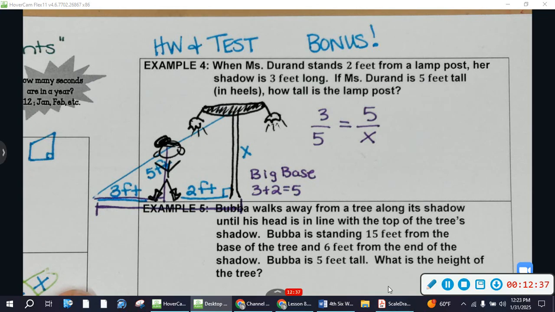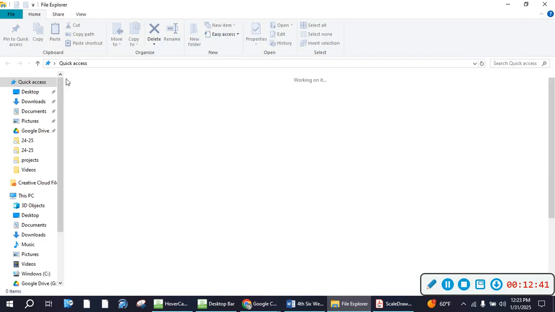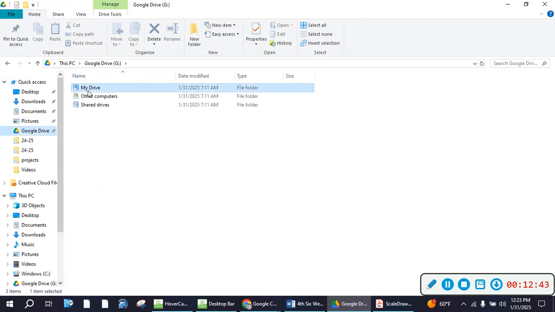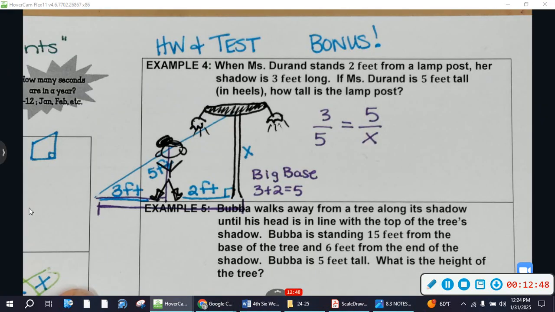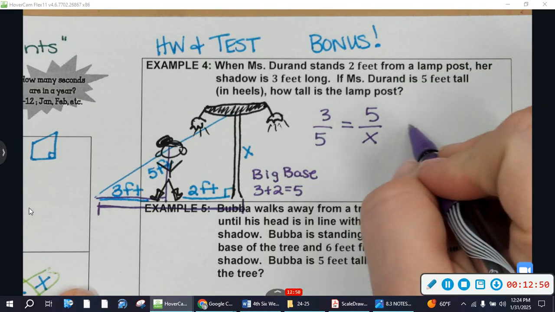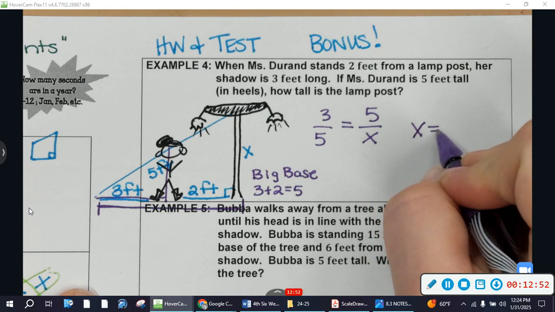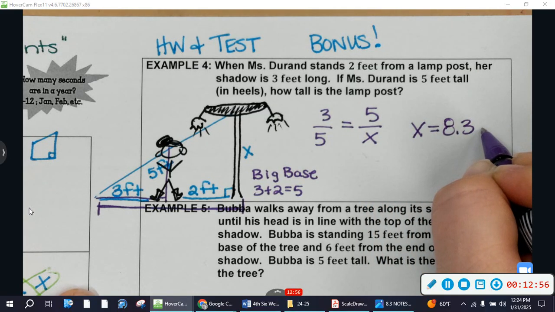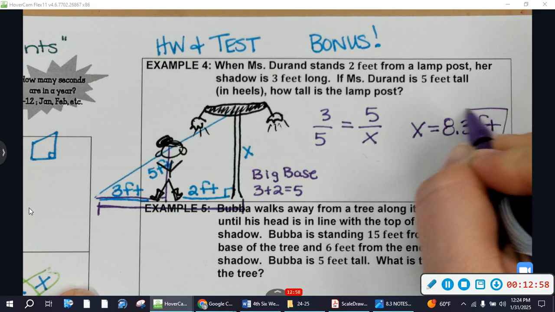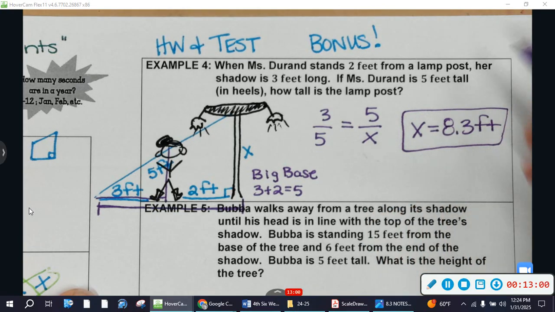Then we cross multiply, do some fancy math, and get our answer: 8.3. Units are feet.